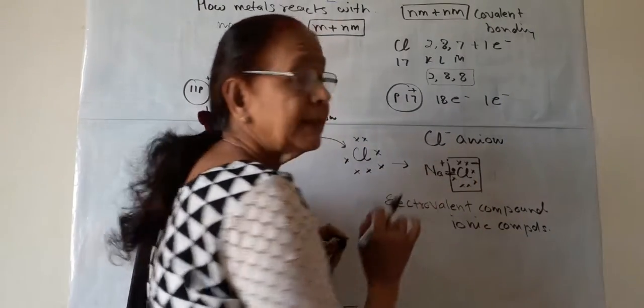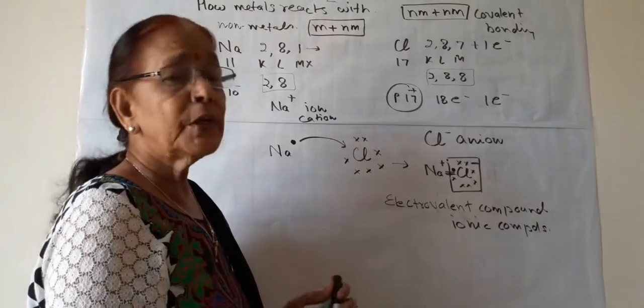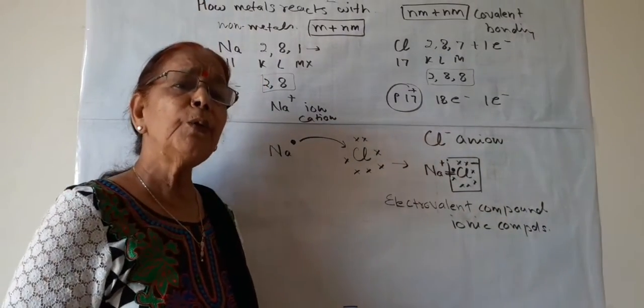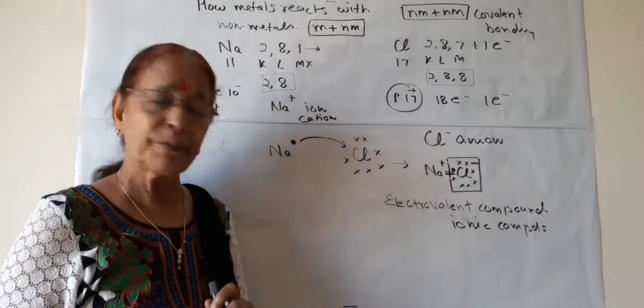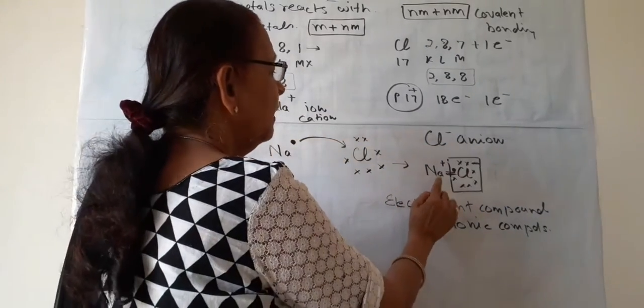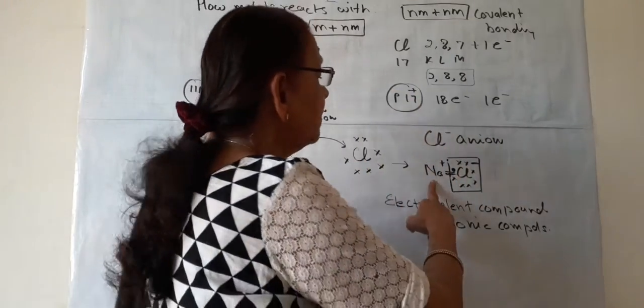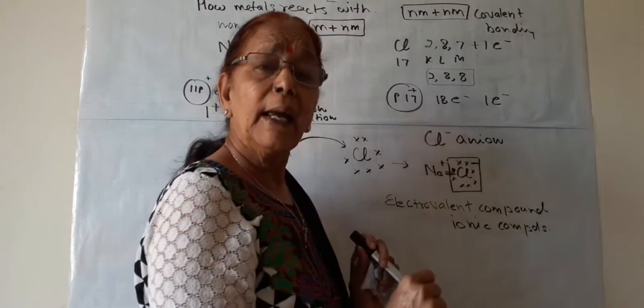salt NaCl. Now the next question arises whether this NaCl is a molecule, a group of molecules of what? Exactly, Na and Cl are not molecules. It is a cation, it is an anion.